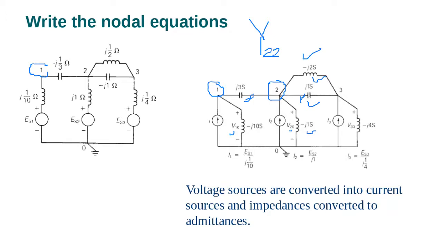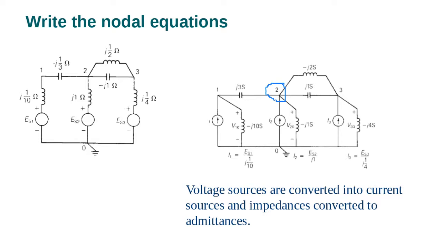Tell me Y33. For Y22, would it be minus 4JS if I sum them up? Minus 1S plus 1S plus 2S. Yes. But you don't tell me the results, you just tell me what you are summing.